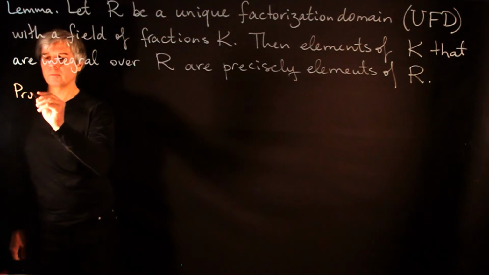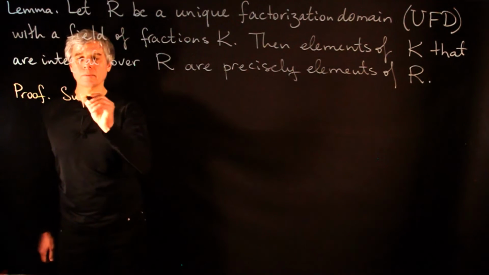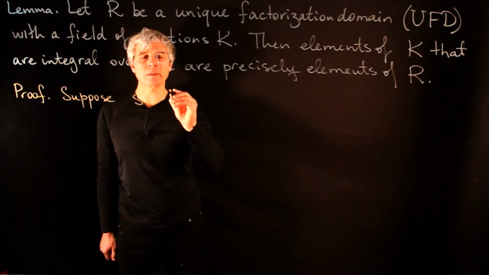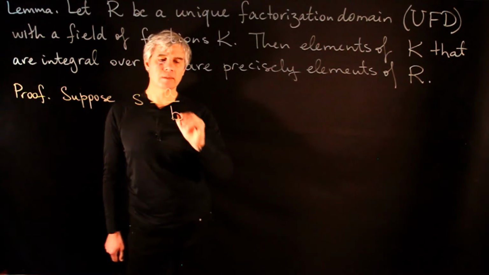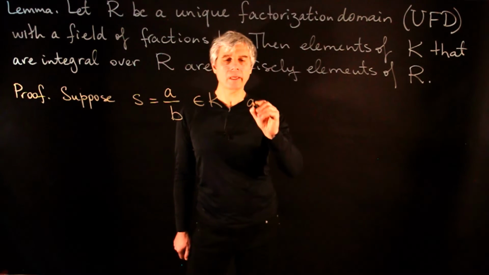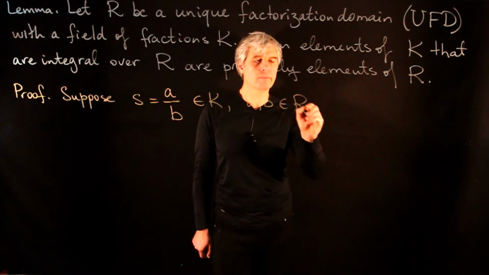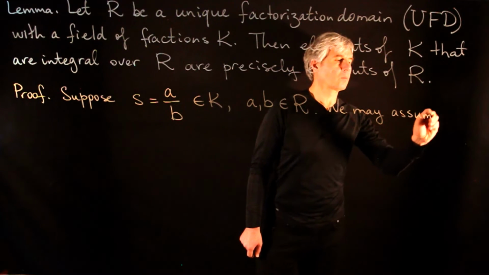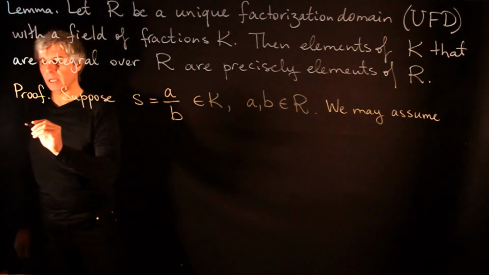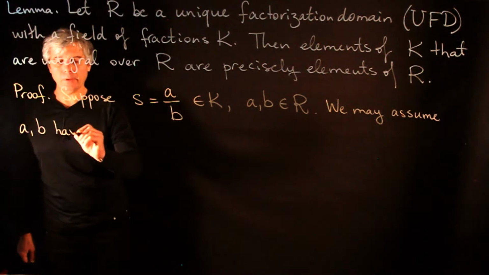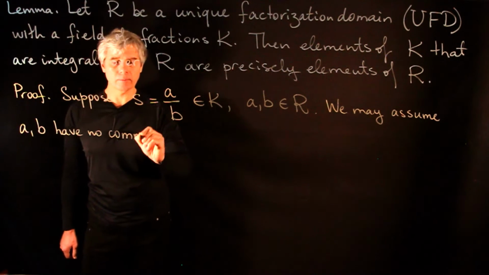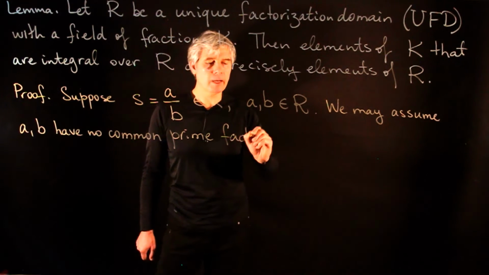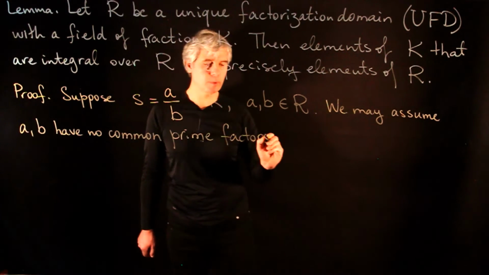Let's give a proof. So suppose the element s in K is written as a over b, and a and b are elements of R. We may assume that the numerator and denominator, a and b, have no common prime factors. Otherwise, such factors can be cancelled out.